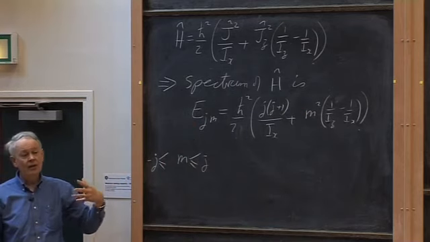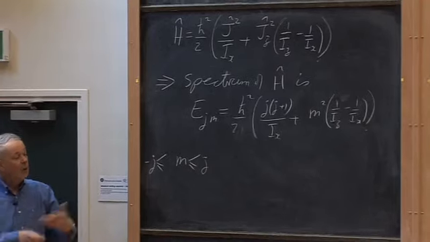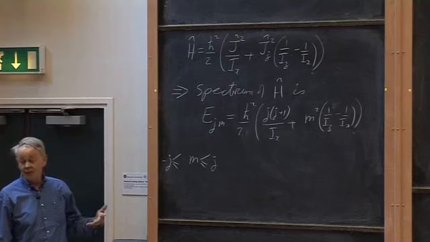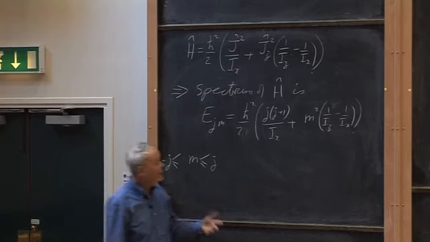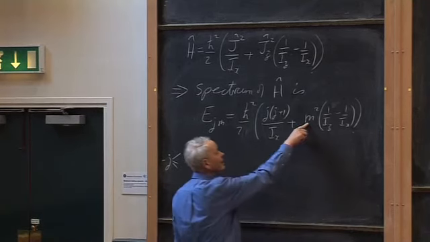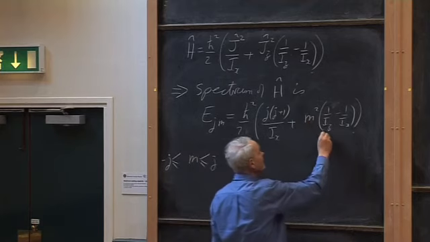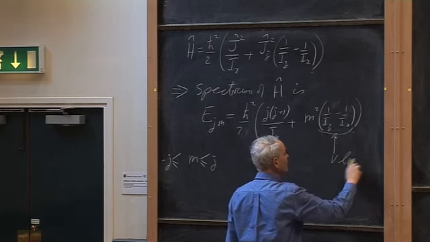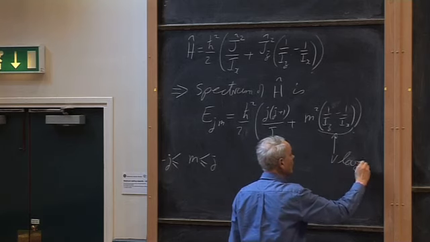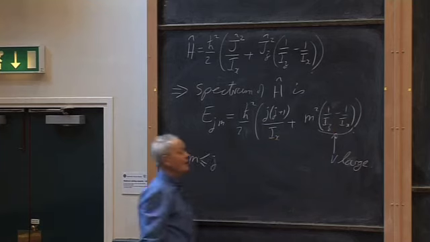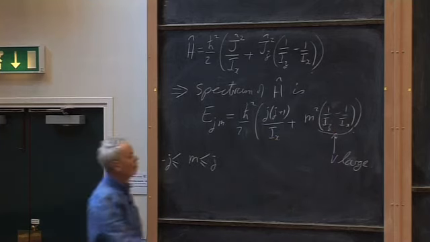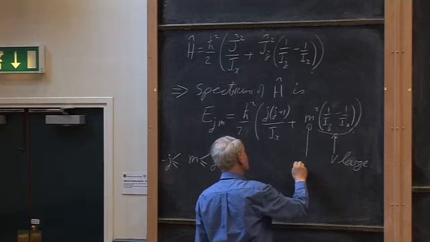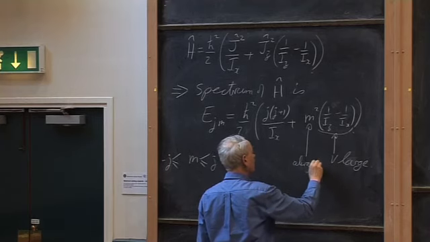So when you're dealing with molecules in the room or in interstellar space or somewhere where they only have moderate amounts of energy, we can argue that this thing is going to be 0. This number here is very large, it really is huge. Because Iz is so very small for a diatomic molecule, m is always 0.